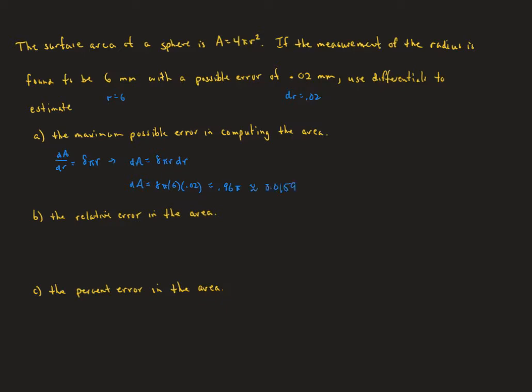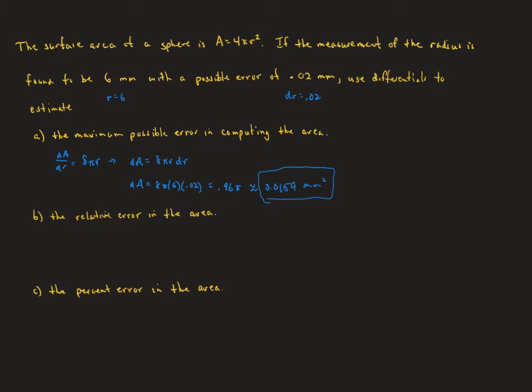It doesn't ask for units, but that would be an area measurement, and since we're in millimeters, that would be millimeters squared. So our error in computing the radius of 0.02 millimeters means we could be off by as much as a little more than 3 square millimeters in the surface area of that sphere.